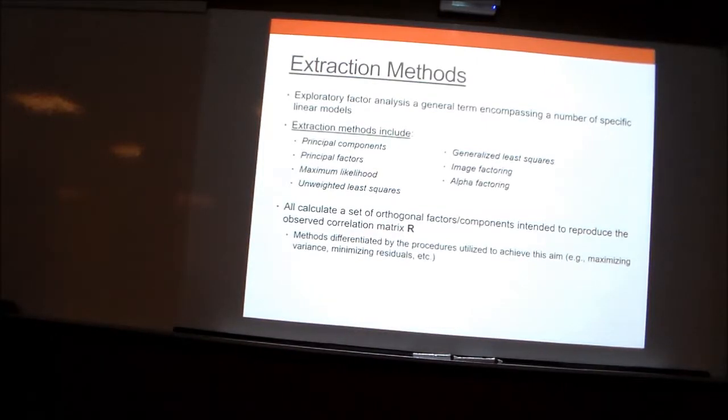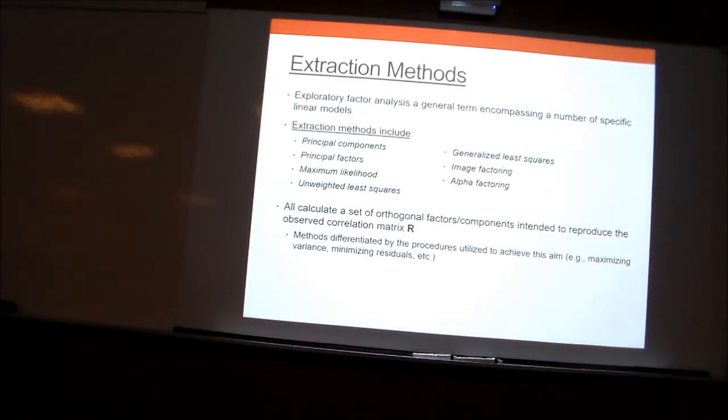All of these extraction techniques are going to extract and calculate orthogonal factors or components, again, intended to reproduce the observed correlation matrix R, right? Each one of these is using slightly different procedures, and so the idea being we're going to extract a number of uncorrelated components to do our best job of recreating this correlation matrix.